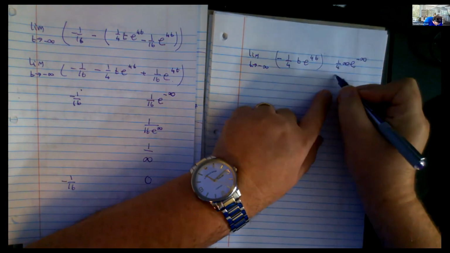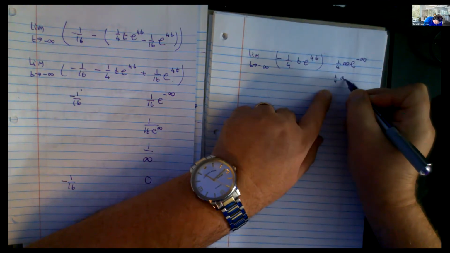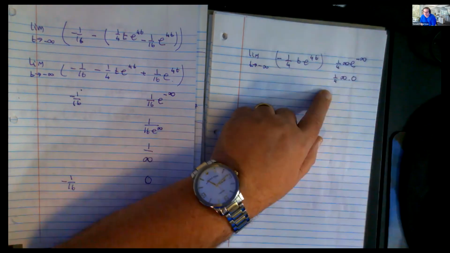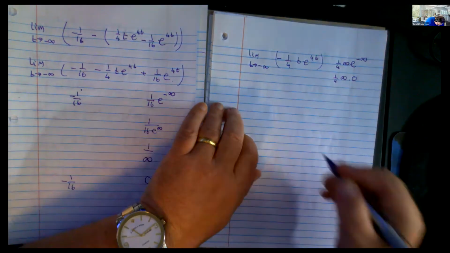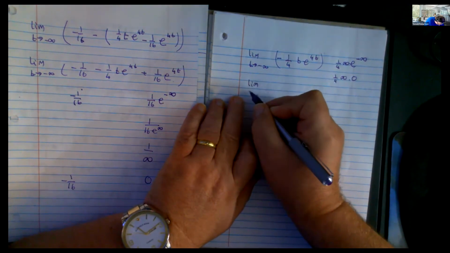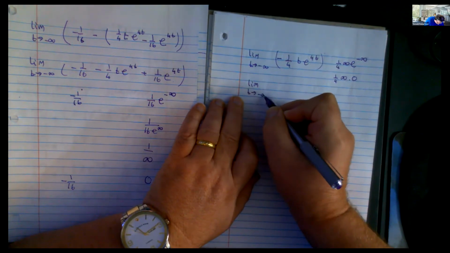And that's 1/4, and that's infinity, and that's 0. Can you see that there's a big problem? Infinity times 0 is not 0. It might be, but there's no guarantee it's 0. There's no guarantee it's infinity. There's no guarantee that it's not a number somewhere between those two extremes. Brute force fails.